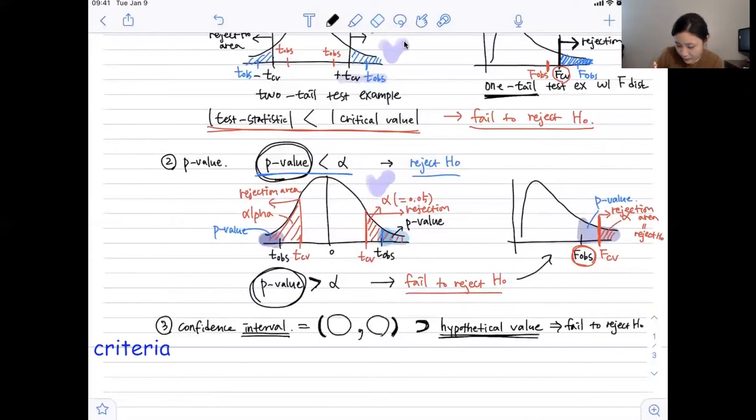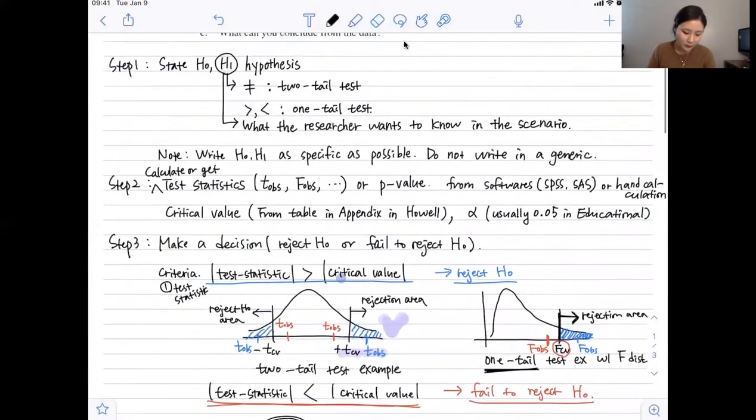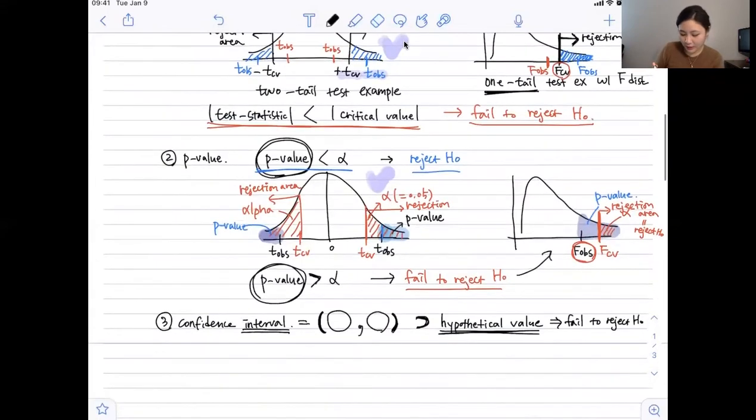The hypothetical value is in the null hypothesis. For example, if my null hypothesis is mu is 10, we need to check whether 10 is between the lower bound and upper bound of the confidence interval.